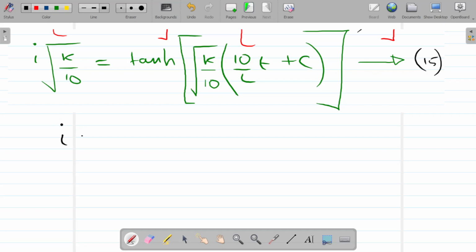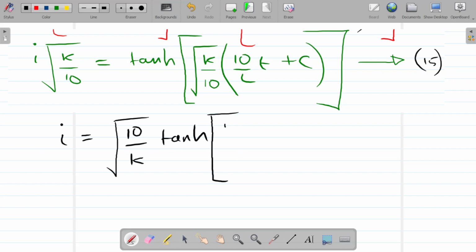So I is equal to, if we multiply both sides by the square root of 10 over k, we get just I on the left hand side, and we're left with the square root of 10 over k tanh of, in brackets, k over 10 times 10 over L T plus C.